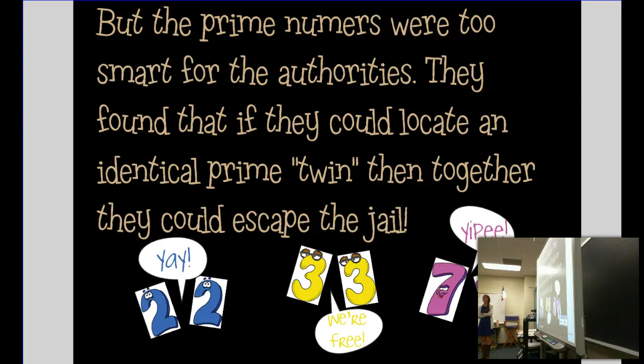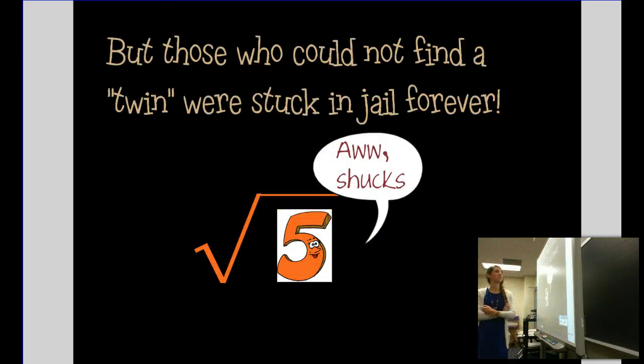They found that if they could locate an identical prime twin, then together they could escape jail. Only if they found a twin. Yay! We're free! But those who could not find a twin were stuck in jail forever. Aw, shucks. 5 is stuck in jail forever.